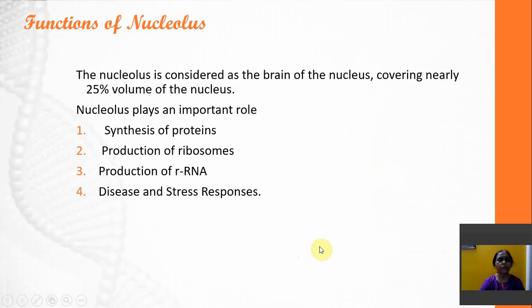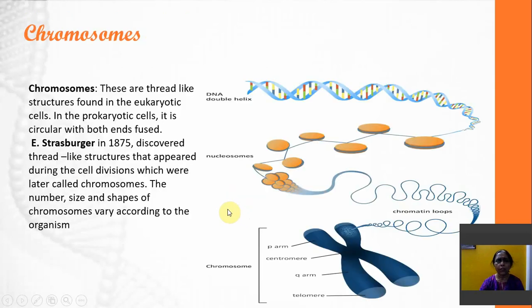What are the functions of nucleolus? Nucleolus plays an important role in synthesis of proteins, production of ribosomes, production of ribosomal RNA, and disease and stress responses. What are chromosomes? Chromosomes are thread-like structures found in eukaryotic cells. In prokaryotic cells, it is circular with both the ends fused. That is, we call it circular chromosome.